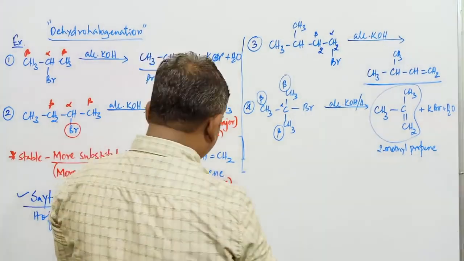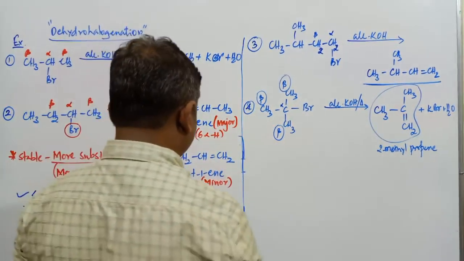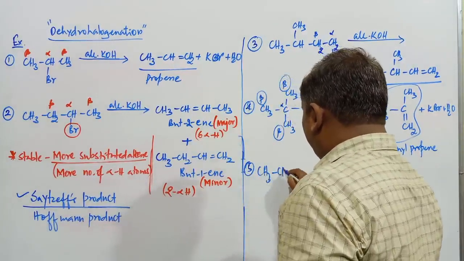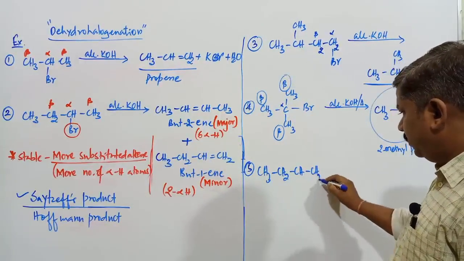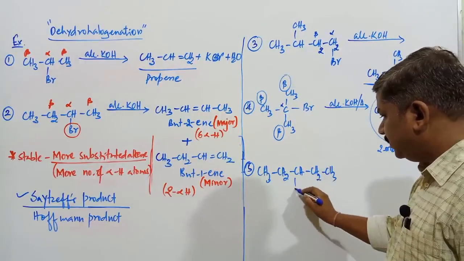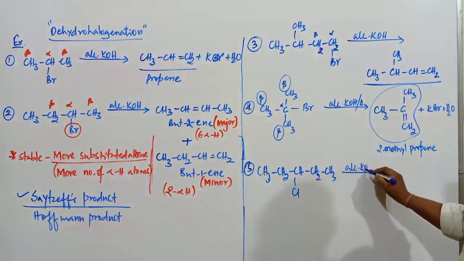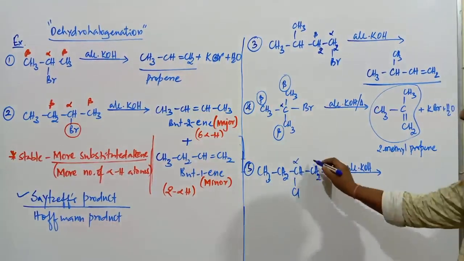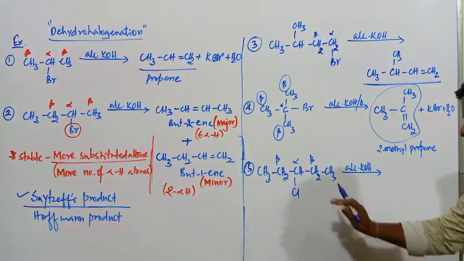Wherever there is a possibility of two or more different alkenes forming, let me go with another example. This is CH2, next one is CH2, and this is CH3, and this is chlorine. Now if it is treated with alcoholic KOH, potassium hydroxide, this is the alpha carbon, and these are beta carbons.